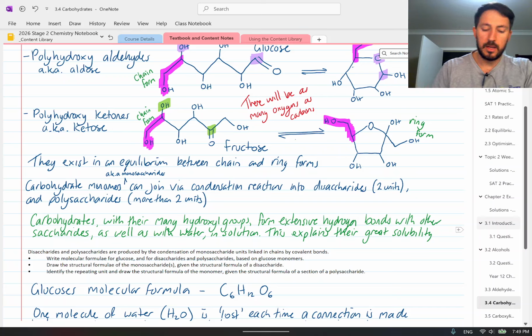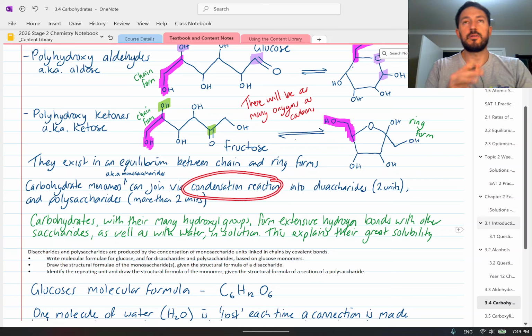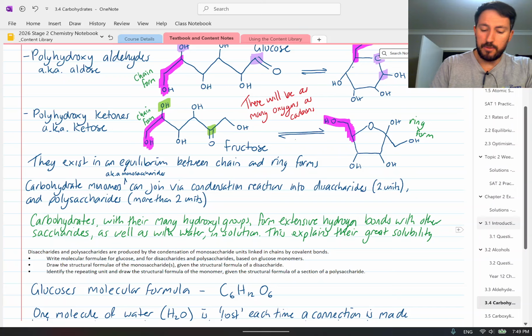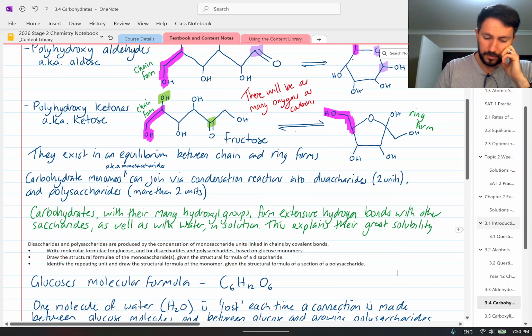Doesn't really matter. One thing you do need to know though is that the joining of monosaccharides is called a condensation reaction, and that involves the loss of a water molecule. So condensation releases water when these things occur, and we'll have a look a bit further at some more detail there.